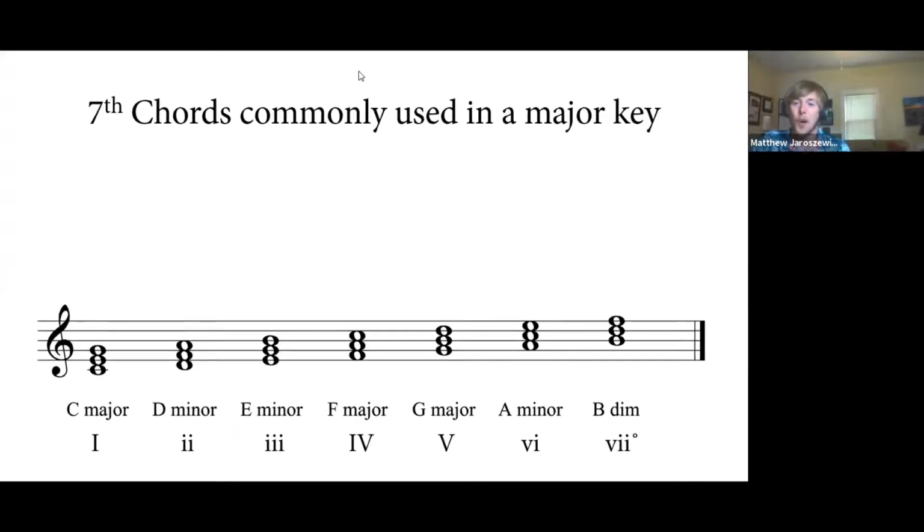Now, we're going to see how these work in relation to each other to create music. But before we do that, I just want to mention that we're not just going to be working with triads here.